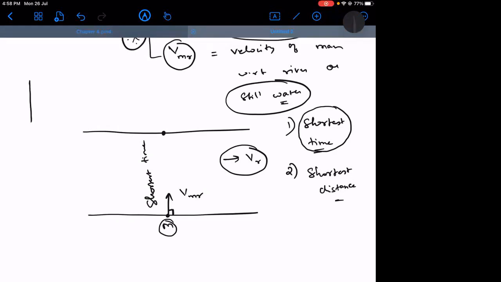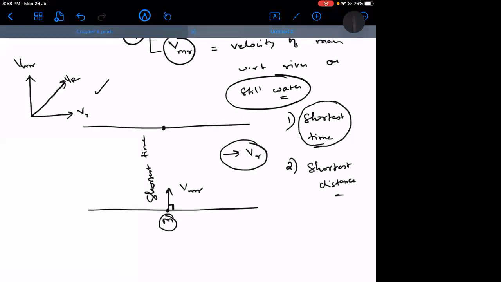Let's draw a free body diagram and see. Free body means a separate diagram. This is VMR and this is VR. Then this is going to be the resultant. Guys, am I clear with this point? What law are we going to apply here? It is parallelogram law, because I have co-initial vectors.